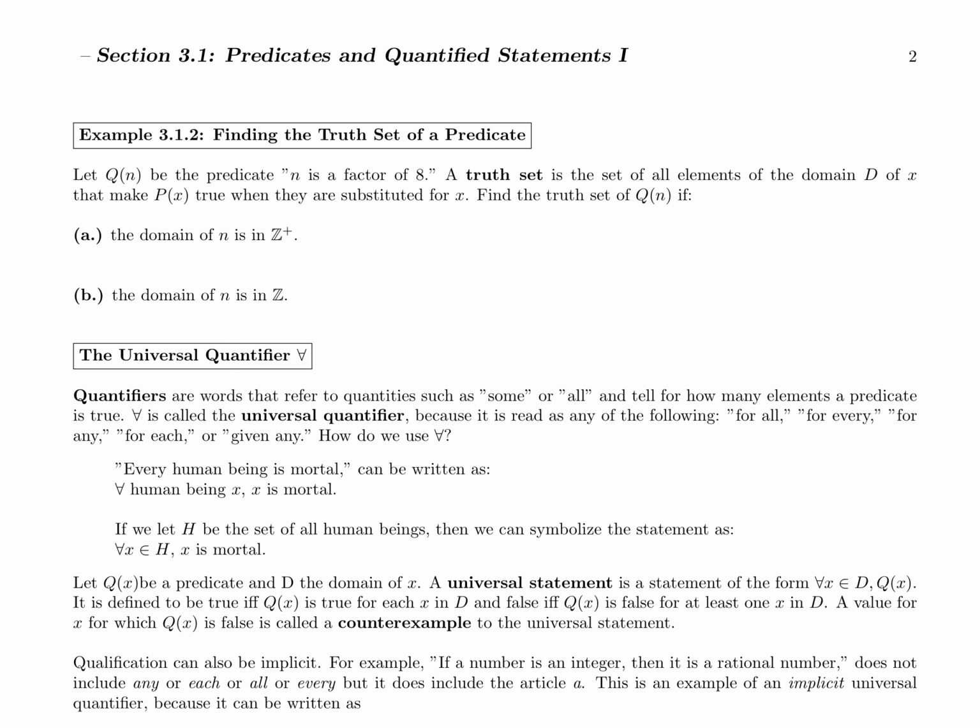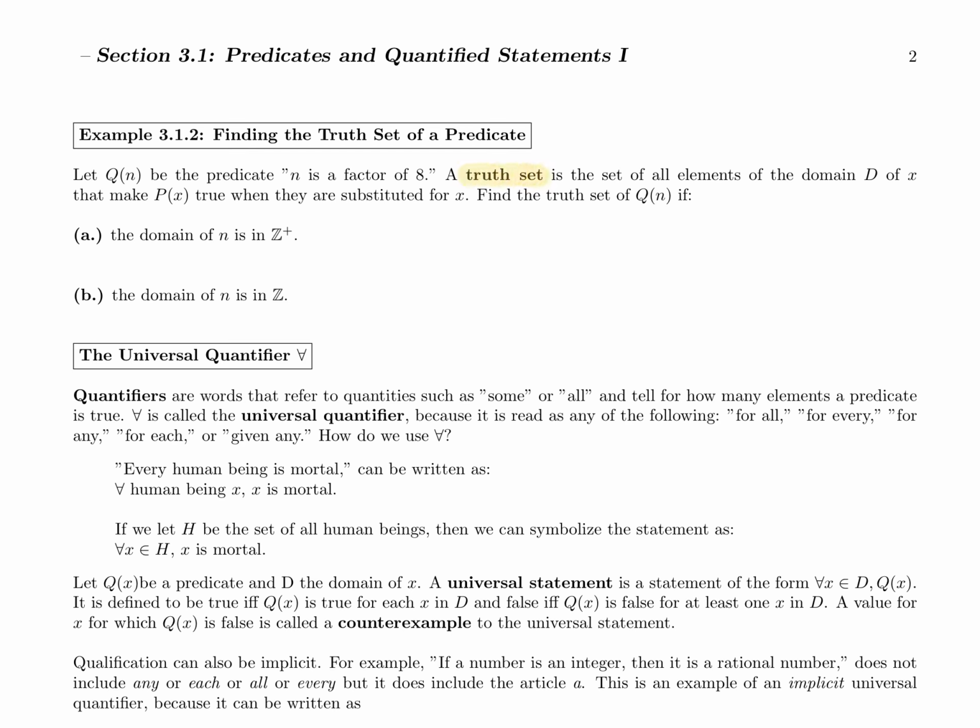So let's see if we can figure out how to evaluate or answer questions about some of these set notations, some of our different kinds of domains. So let Q of n be the predicate n is a factor of 8. What we want to define for this predicate is the truth set. So what is the truth set?